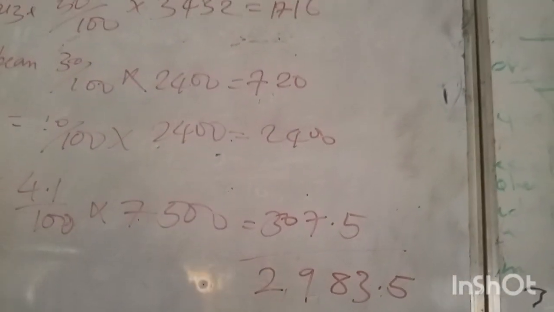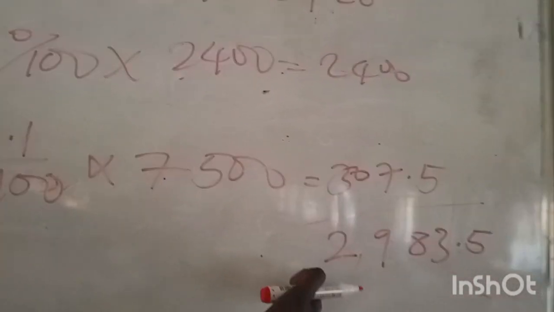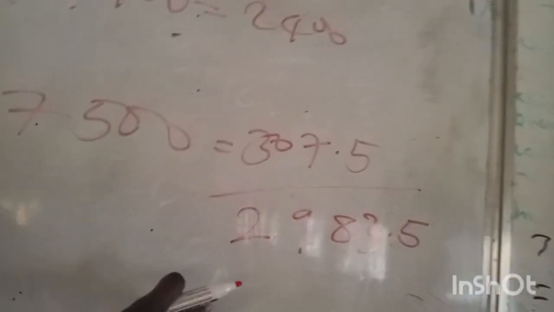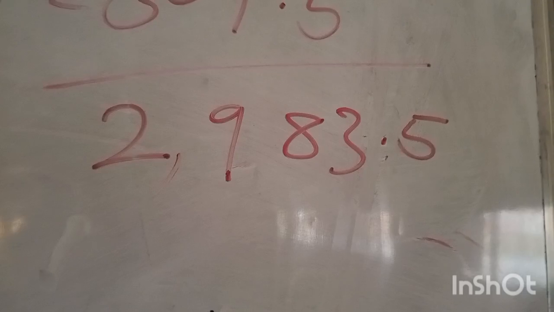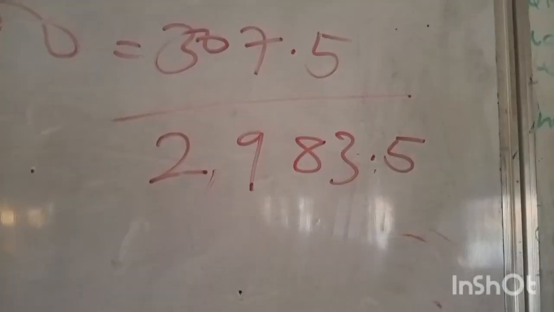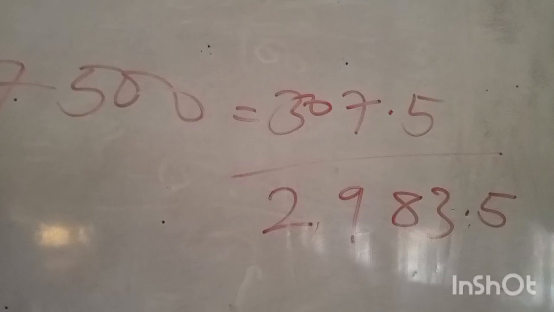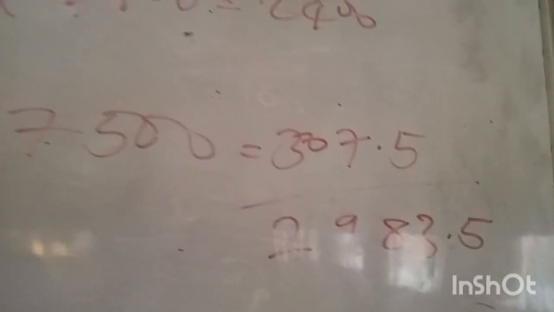Now, if you can look at this, the energy level required is 3000, and we are having 2983.5. If the difference is no more than 100, it's still good because an animal can generate energy by increasing intake or deamination of amino acid or protein.